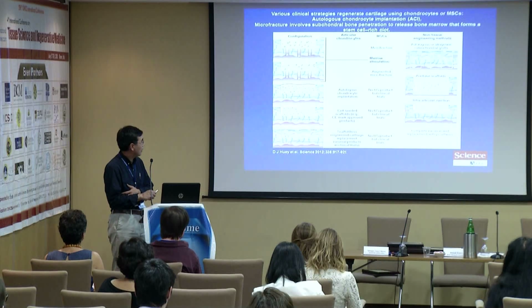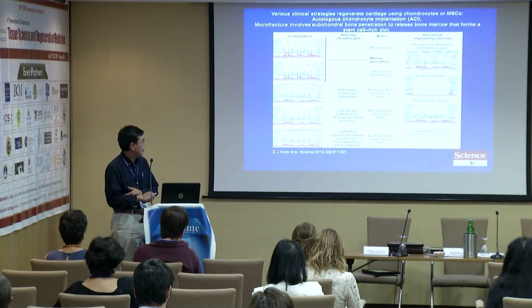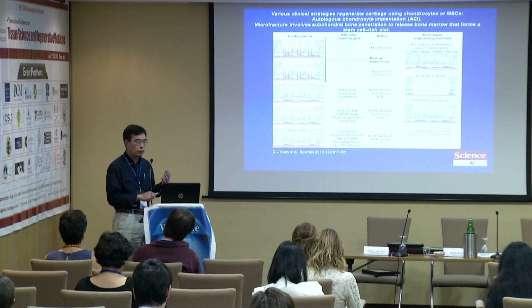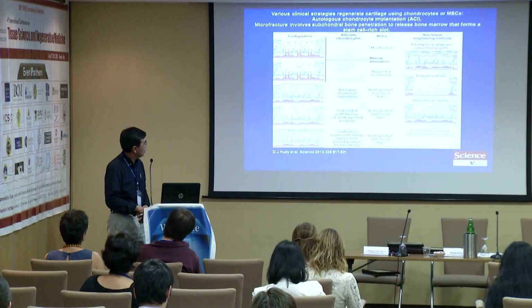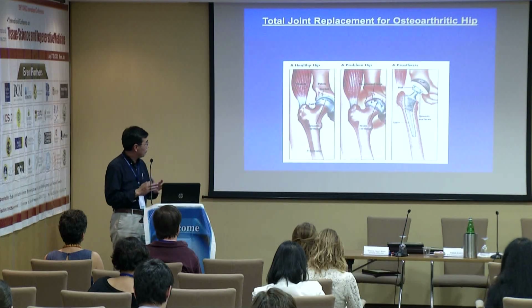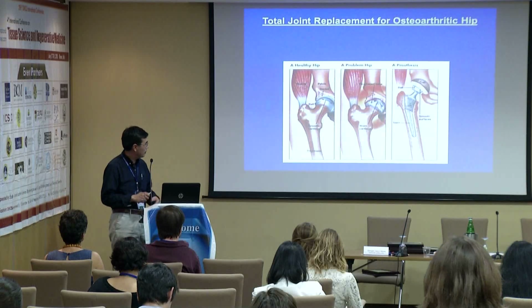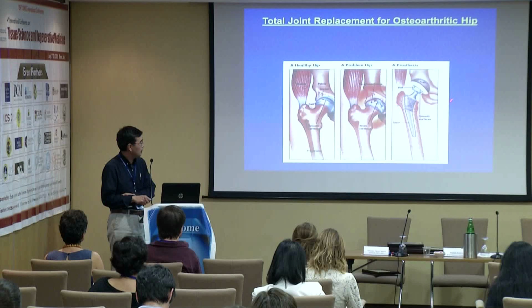The bone marrow and blood bring stem cells, mainly mesenchymal stem cells, to the damaged cartilage, where they can differentiate to chondrocytes and repair the damage. A minor injury can be repaired like that. When you have a major injury, with most of the cartilage damaged, you have to do a total hip replacement.